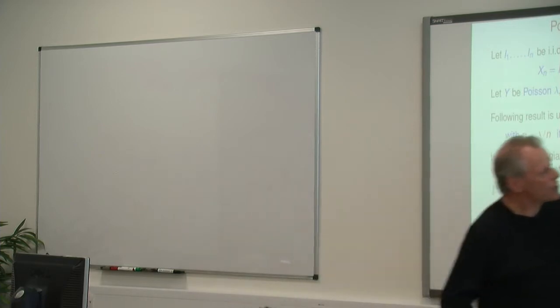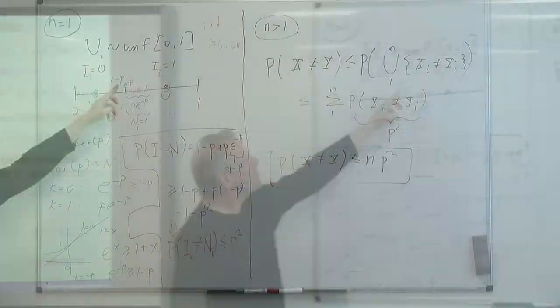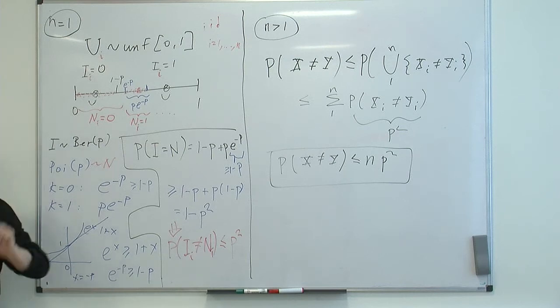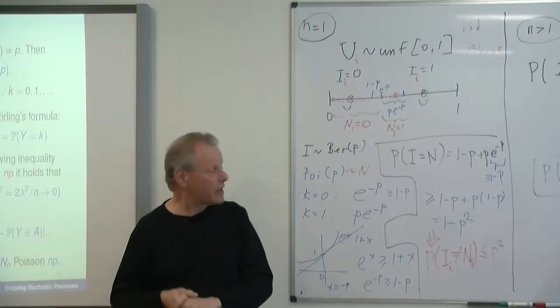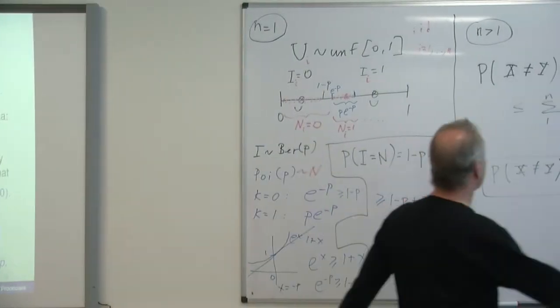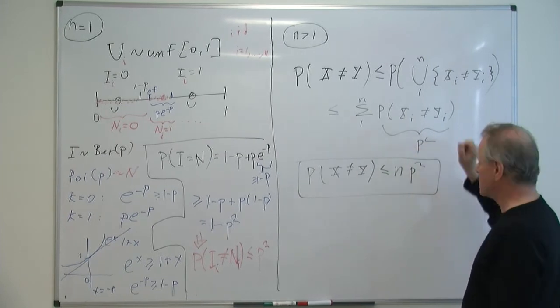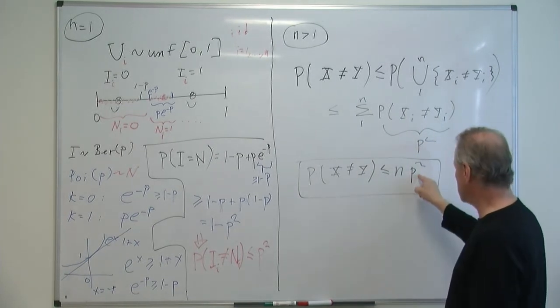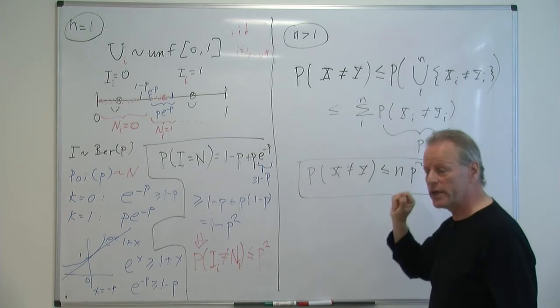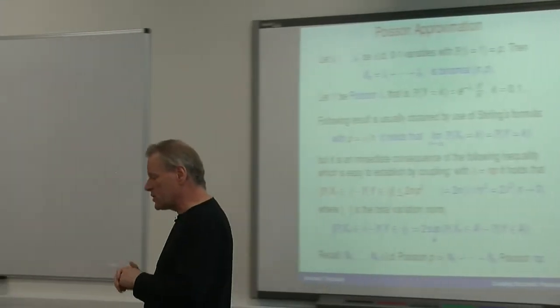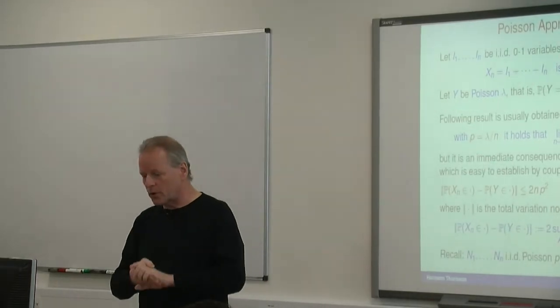Note in this construction that we could have different p's when we constructed the I's. So then the sum would be the sum of different independent Bernoullis. And we still would have something here, and this would be p_i here. And this would be the sum of the p_i squared. This is just to indicate that this is not limited to this particular problem.